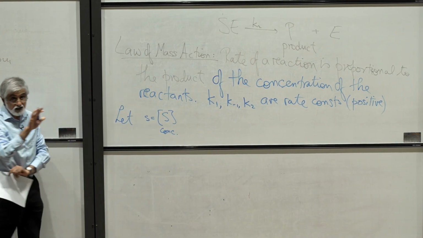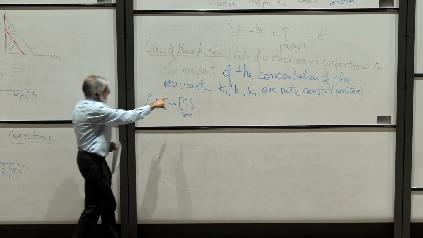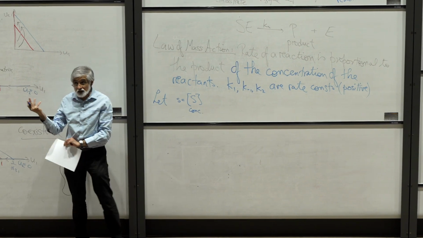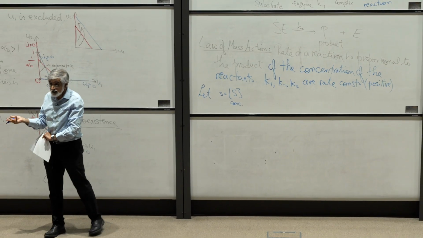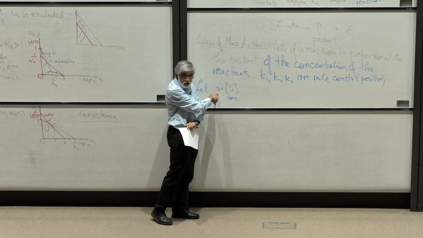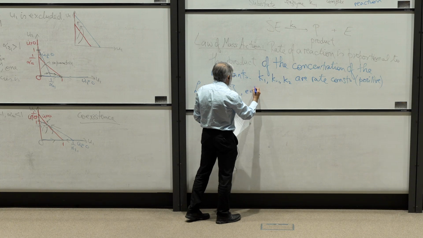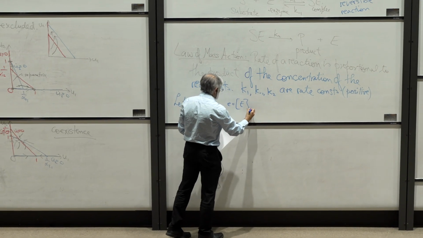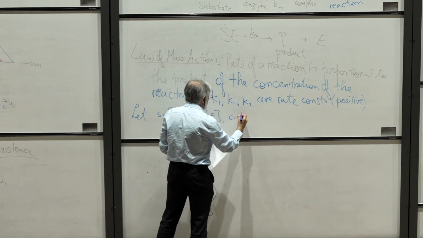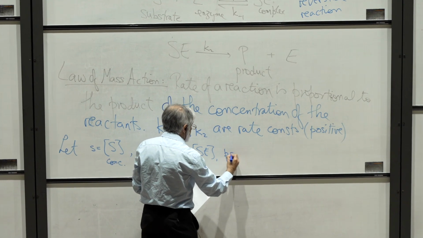So S means the name of the substrate. Brackets like that means the concentration of the substrate. And so instead of writing these everywhere, we're going to just write it as little s. E equals this one. C equals this one. And P equals that one.